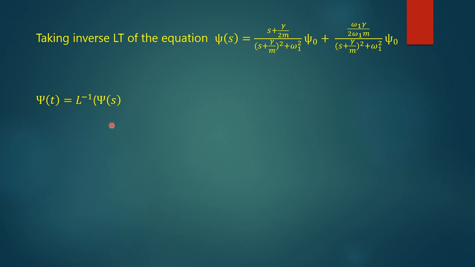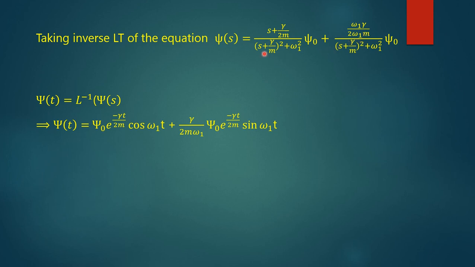Now taking the inverse Laplace transform of the equation psi s, we have psi t is equal to the Laplace inverse transform of psi s. That is, we take the inverse transform of this function, that is, the inverse transform of this plus the inverse transform of this.